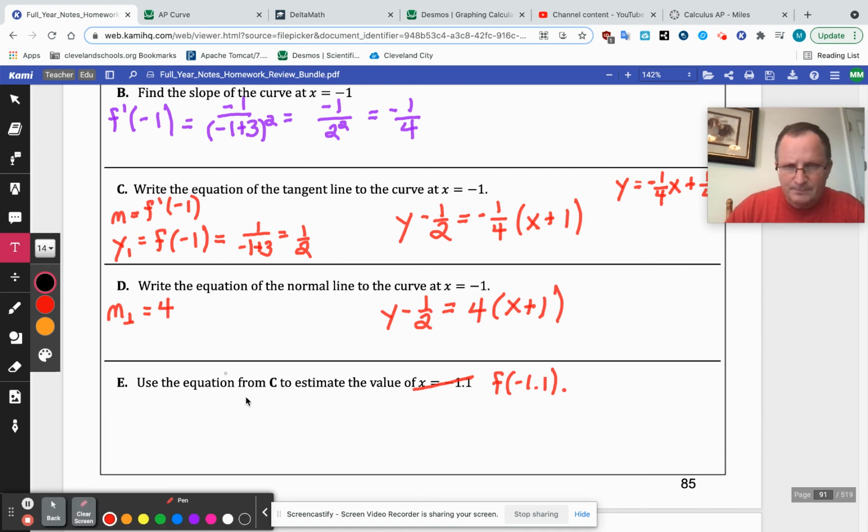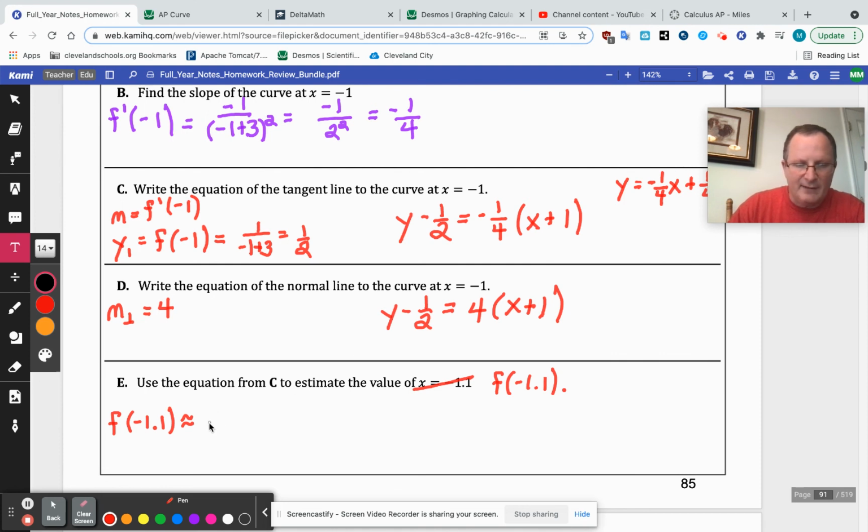I'll do it from here. Let me say this: f of negative 1.1 would be approximately the same as substituting into this.